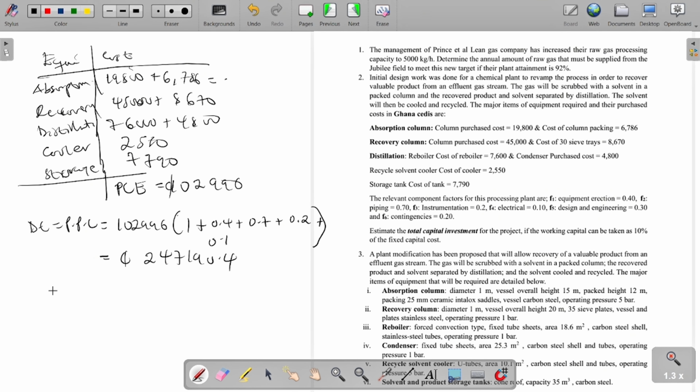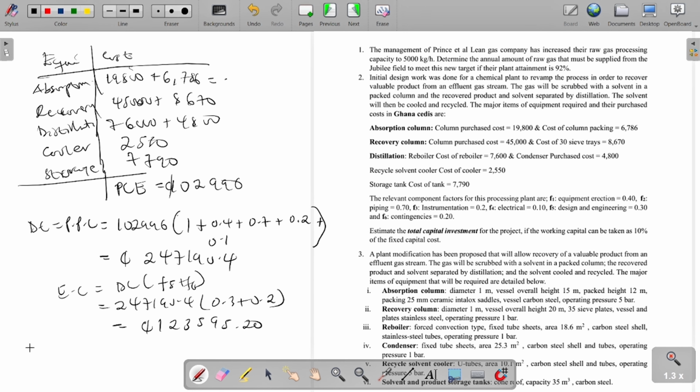All right, so the direct cost gives us 247,190.4 Ghana cedis. And the indirect cost, as I told you, is the direct cost times the factors we have, just 5 plus 6. So 247,190.4 times 0.3 plus 0.2 gives me an indirect cost of 123,595.20 Ghana cedis.